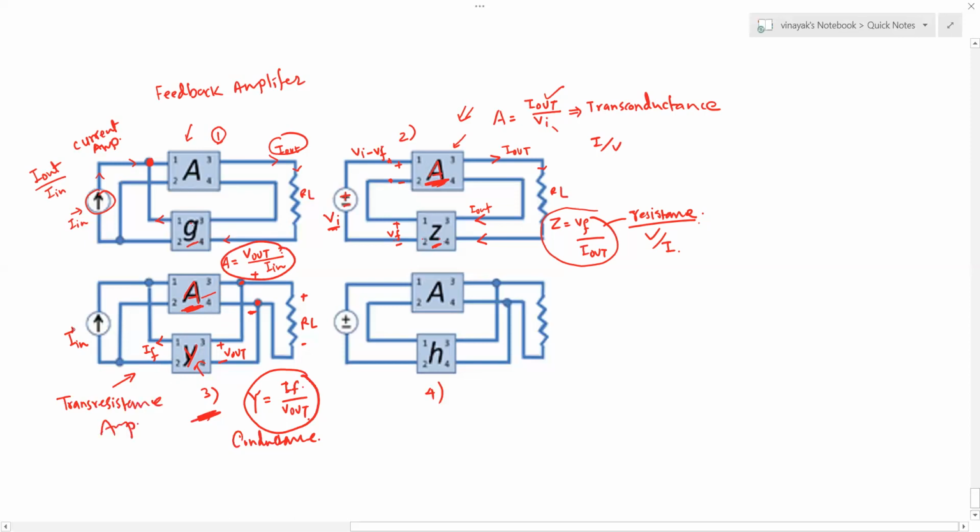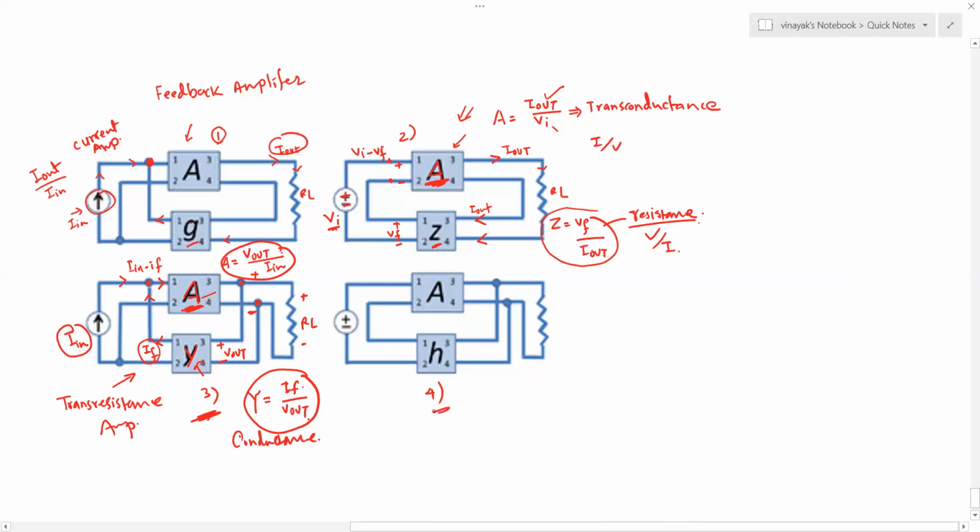Now look at this. This is the input current I in, and you have a feedback current IF that is being summed at this node. Again, you have I in minus IF, the difference between the two currents, going into the feed forward amplifier block.